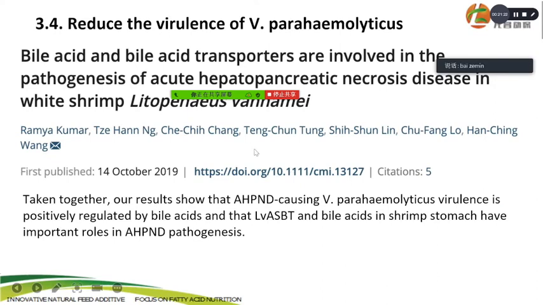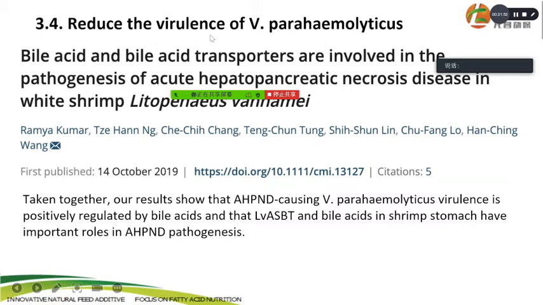Also, some researchers found bioacid can reduce the virulence of Vibrio parahaemolyticus. This is very common in seawater culture. Usually it will cause AHPND, acute hepatopancreatic necrosis disease, especially for vannamei.